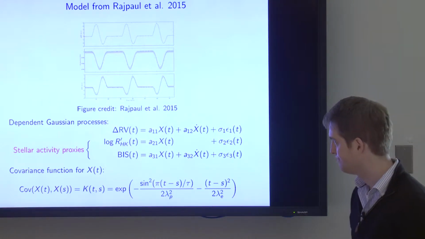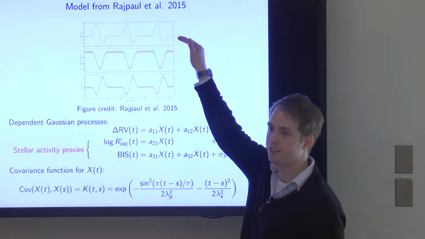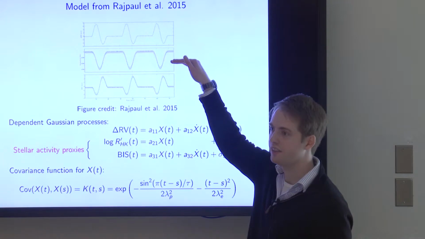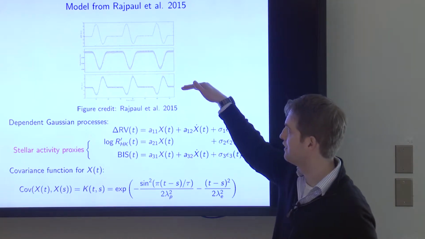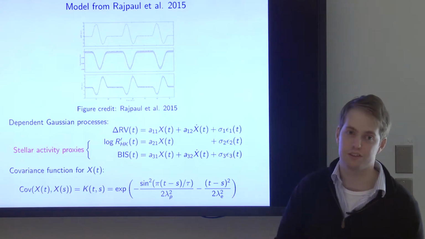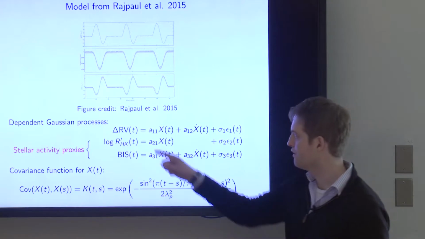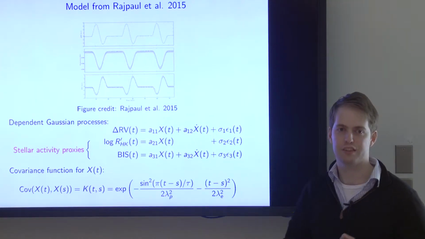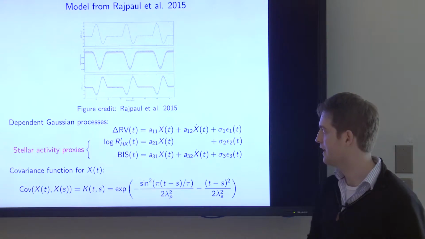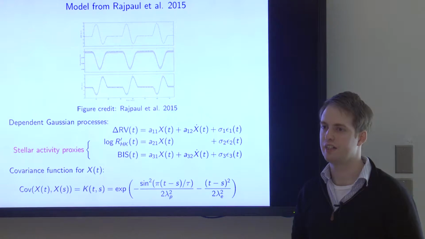Again, they have three signals. The first one is the apparent radial velocity. The second one is the first proxy for the stellar activity. And the third one is the second proxy for the stellar activity. So the radial velocity is modeled as a Gaussian process, this is x(t), and the derivative of the Gaussian process.